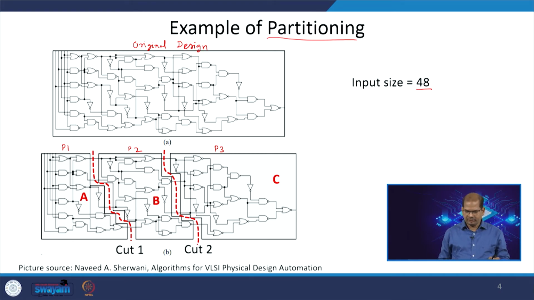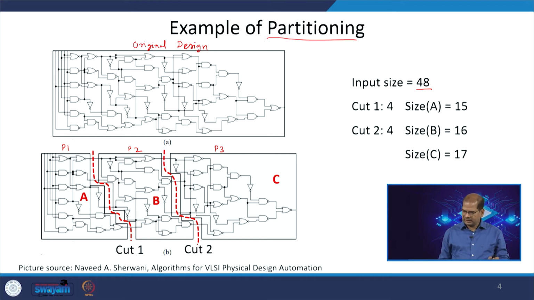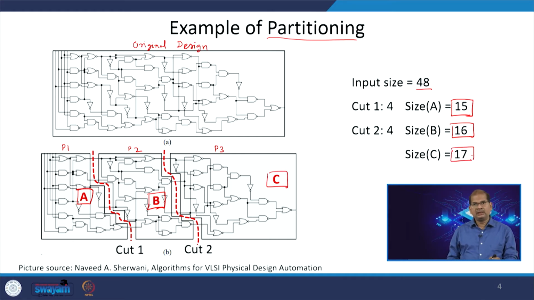Here you have a block A, which has 15 logic gates, block B has 16 logic gates, and block C has 17 logic gates. On an average the number of logic gates in each partition is close to the 16 we need, so it is quite equally partitioned.